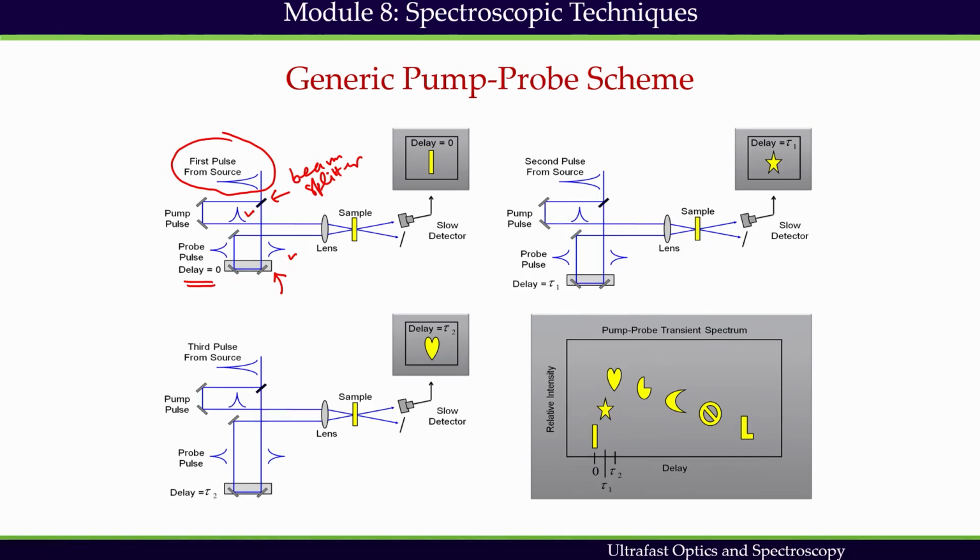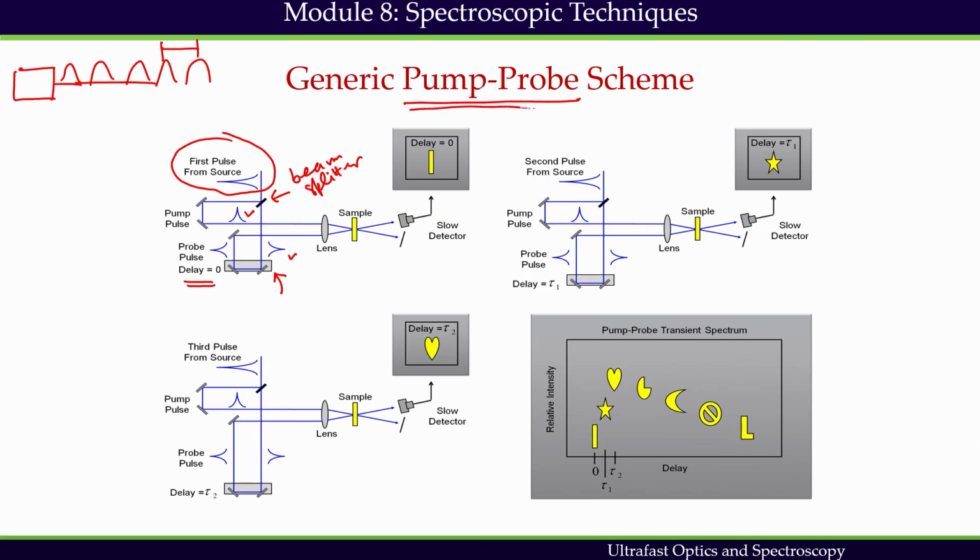Here we note that the pump and probe pulses are not two different pulses in the pulse train. When I have a source, we have a pulse train, a train of pulses coming out of it. When we talk about pump and probe scheme, it is not the delay between two pulses coming out of the source or two different pulses in the pulse train.